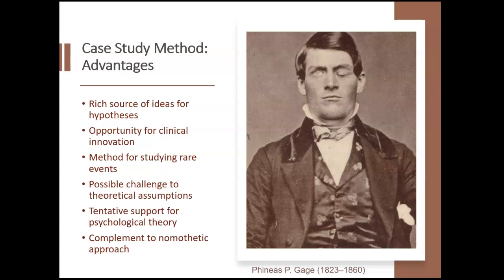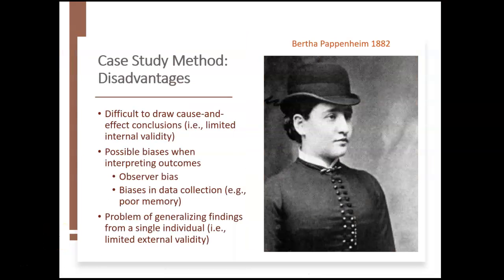So for example, if you take a field such as neuroscience or even exercise science, and you've demonstrated using both animal and human models a group effect, case studies, either before or after the documentation in those nomothetic studies, you can use them to provide a rich picture of an individual application of those findings.